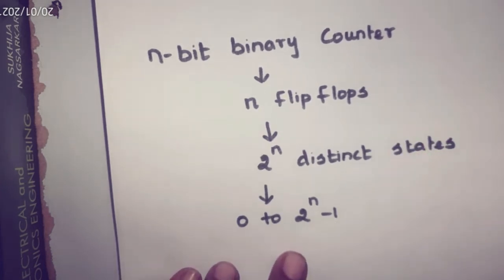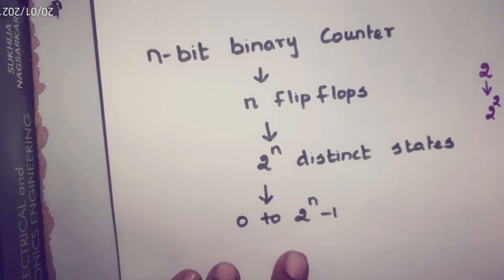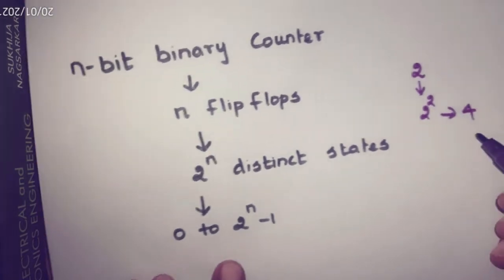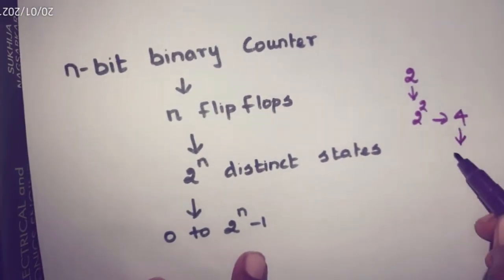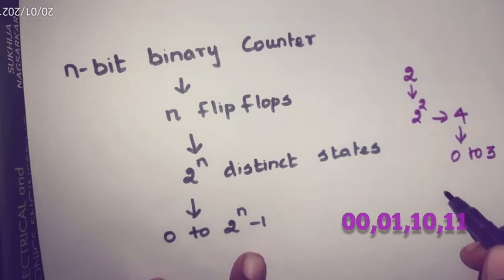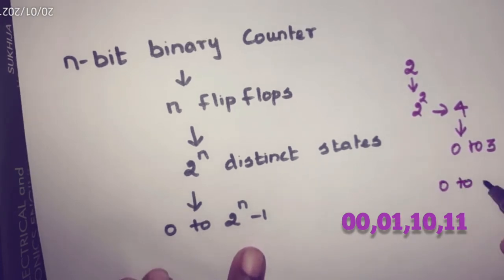For example, if you have two flip-flops, it can represent 4 different states, that is 2 power 2, 4 different states. And those 4 different states are in the range of 0 to 3. So actually it can count from 0 to 2 power n minus 1.